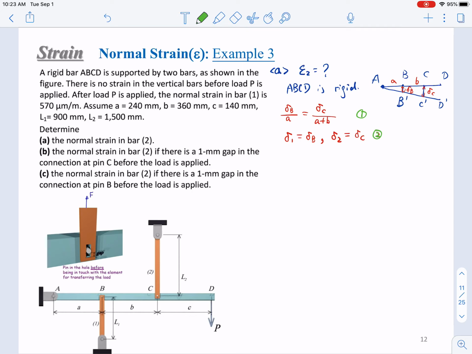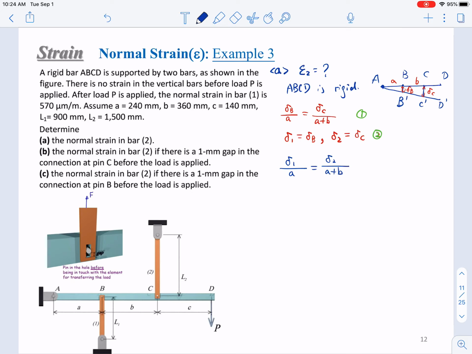Based on these two sets of equations, we can get the correlation between delta 1 and delta 2. Just substitute the equations in 2 into equation 1. So we will get delta 1 over A equals delta 2 over A plus B.